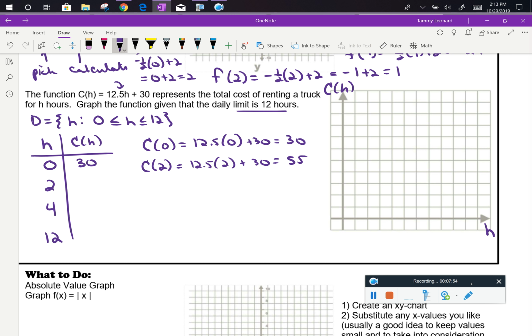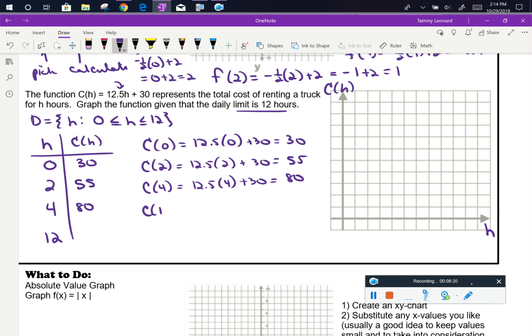So if I rent the truck for 2 hours, it will cost me $55. C of 4 says 12.5 times 4 plus 30. Well, since 12.5 times 2 was 25, times 4 will bring me to 50, and 50 plus 30 is 80. So if I rent the truck for 4 hours, it's going to cost me $80.